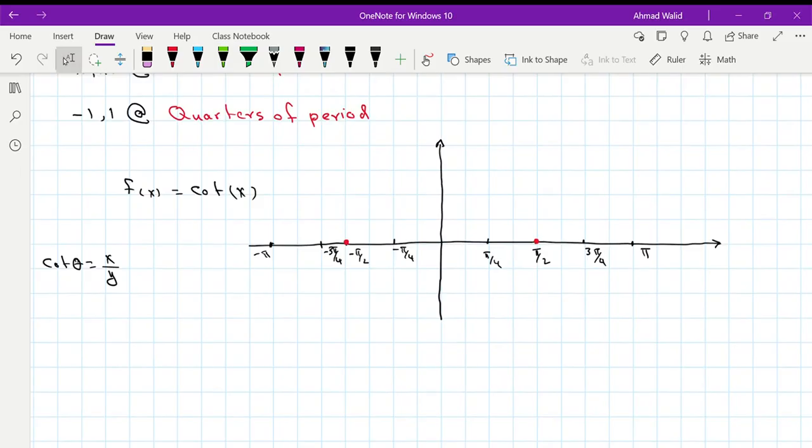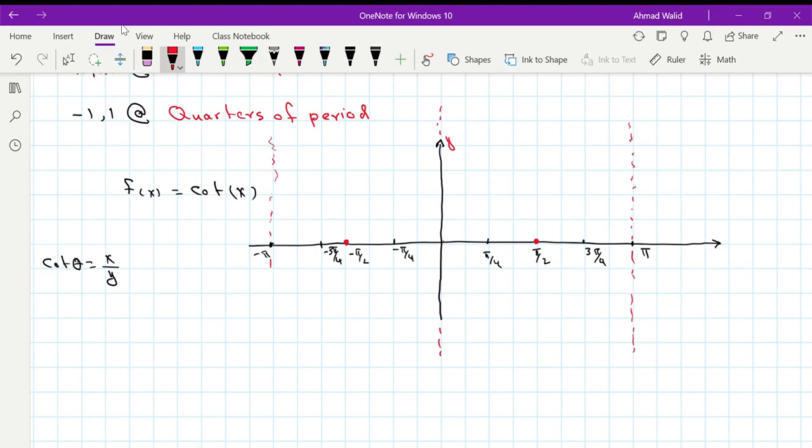I had 0 at y-axis, correct? Here for tangent you had a 0. Now your y-axis actually becomes what? A vertical asymptote. At pi you had 0 for tangent. Now at pi you get another vertical asymptote for cotangent because they're reciprocal, right?